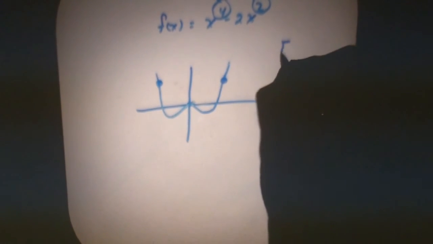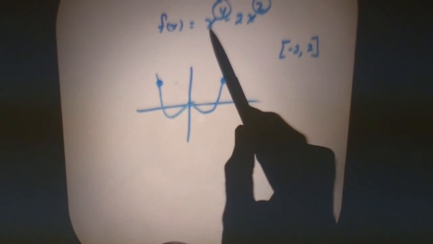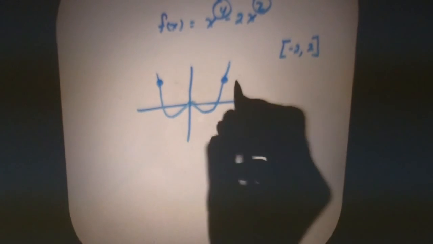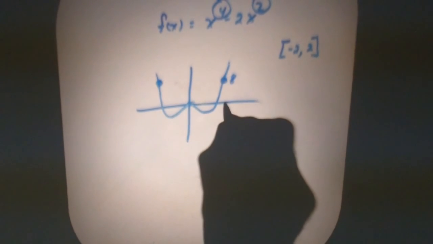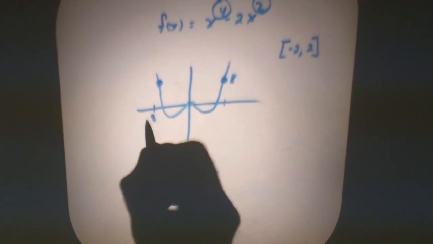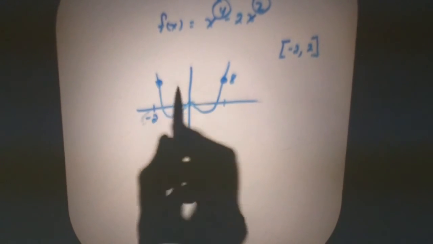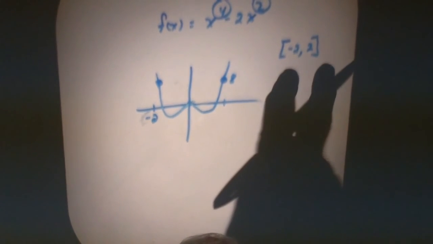So I'm going to try the interval -2 to 2. Now, if I put a 2 in here, what comes out? 8. And I put a -2, and it better be an 8 also. Okay, so there's my interval.